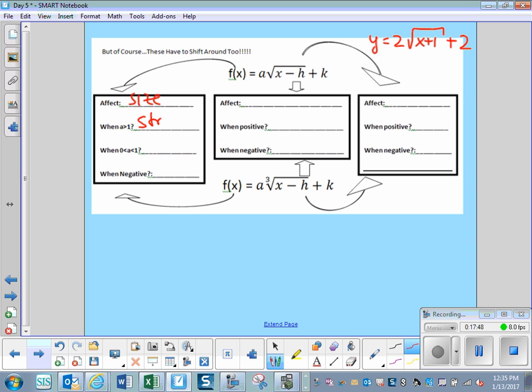Stretch. Right? So every y coordinate gets either doubled or tripled or whatever, multiplied by a. When a is between 0 and 1, we call that transformation compress. So we compress the y value. And when a is negative, we flip it. Yes, reflect.